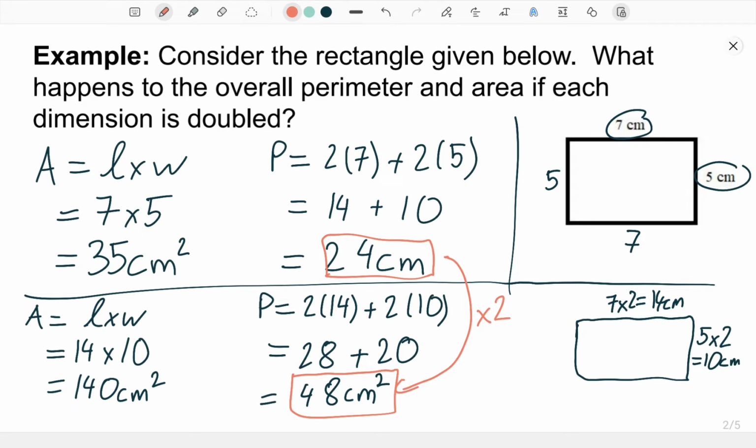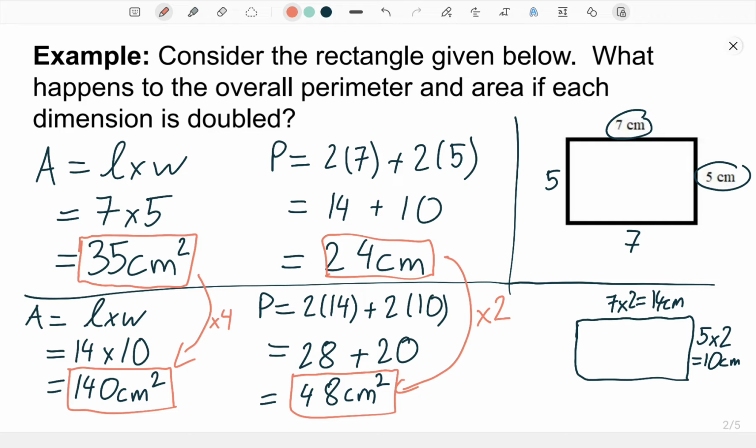One thing to be careful about, though, is when we do the same thing with the area, when we look at the old area and see how much larger did the new area get, it's not actually double. But in fact, if you do the calculations, it'll actually quadruple, as in times 4. And so this is something just to be careful about when we go through these kinds of things.